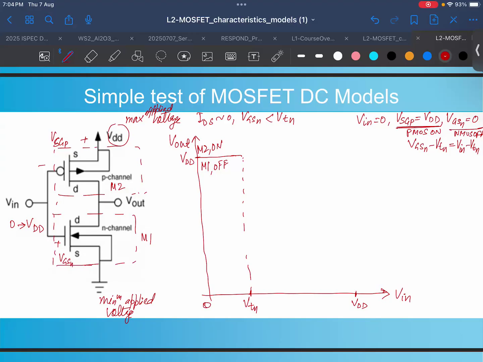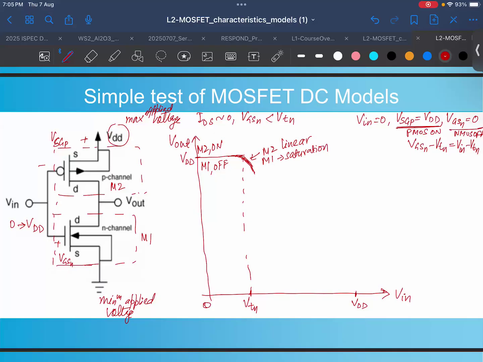So VSD is slowly building up, while VSG is huge, so it finds itself in the linear region. In this part, V out starts to decrease, because now there is a sinking path. In this region, M2 is in linear and M1 is in saturation.